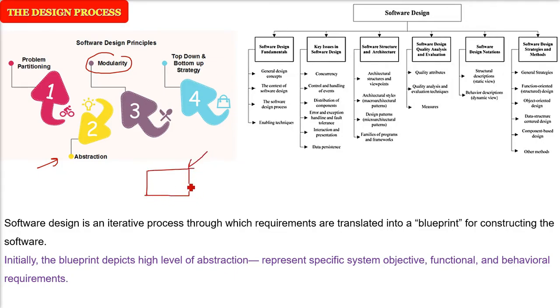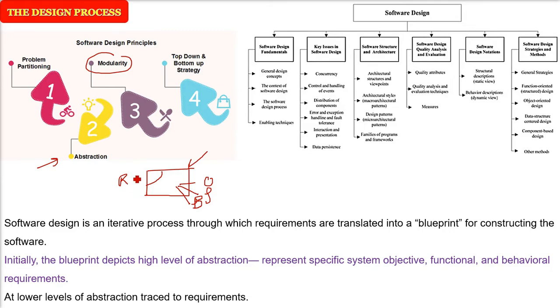That is, what is the system objective, the functional and the behavioral requirements, all these need to be shown in the high level of abstraction in the software design. Then comes what? The low level of abstraction. That is, now you are going to show the use case scenario, the actual requirements. So the requirements and the low level of abstraction need to be traced. So they are different levels of abstraction.